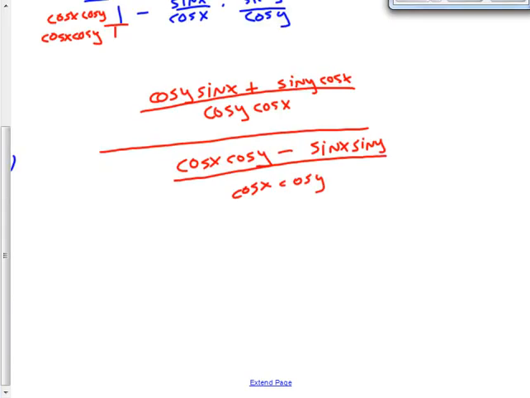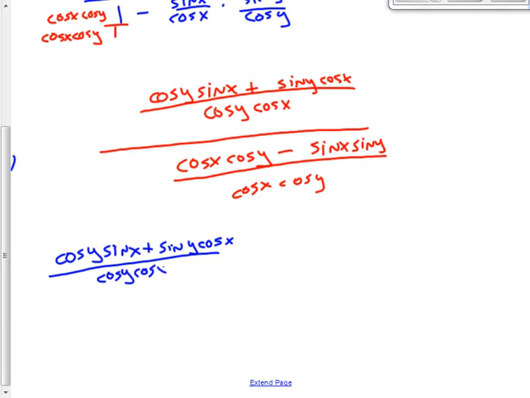When I flip these fractions over, because I now have a fraction divided by a fraction, I end up with cosine y sine x plus sine y cosine x, the very top of this fraction, divided by cosine y cosine x. And then I'm going to flip the second fraction over, so I get cosine x cosine y divided by cosine x cosine y minus sine x sine y.